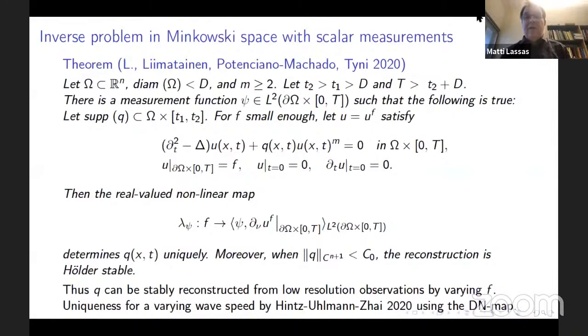At this moment, this is when you have a finite time interval. This is some additional material that I probably cannot go through.